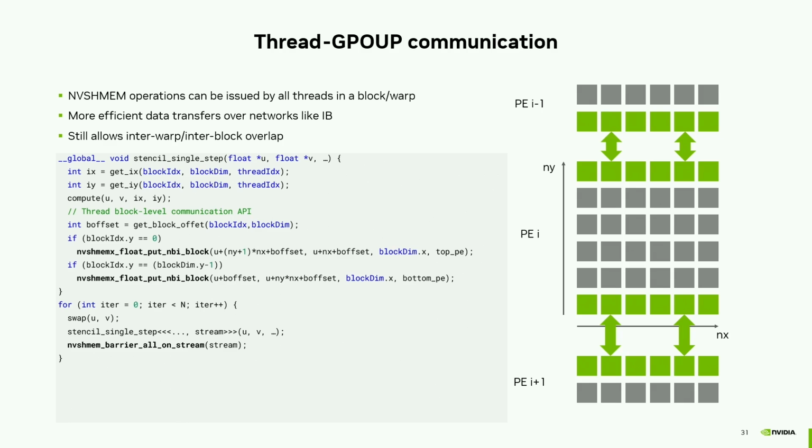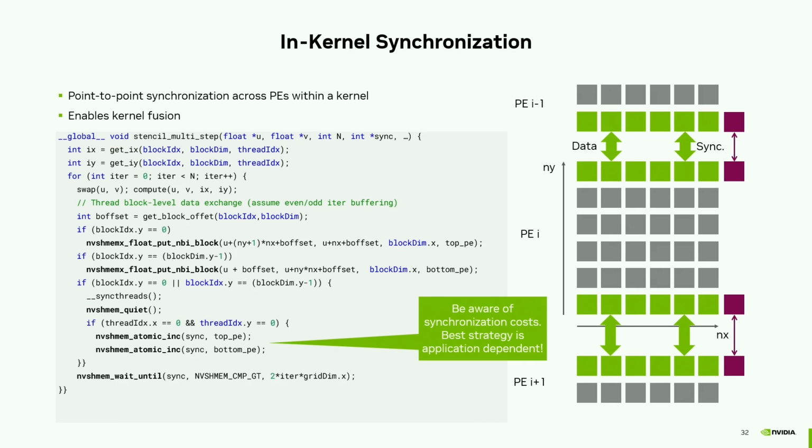So this is one benefit, but what can really put your code to the next level is that kernel-initiated communication also allows you to avoid certain kernel boundaries, so you can fuse kernels to keep more state in registers or shared memory and avoid whole memory round trips, storing to global memory for a separate communication kernel and then reloading.